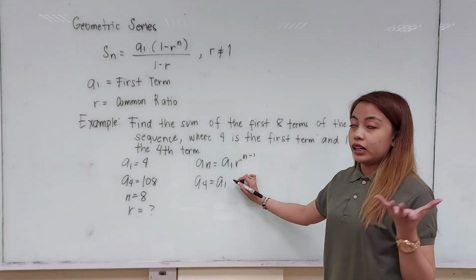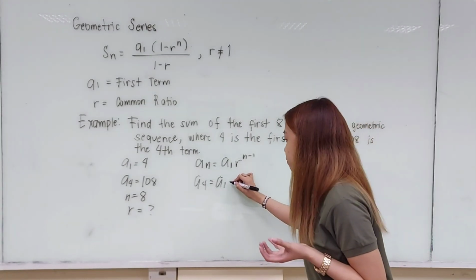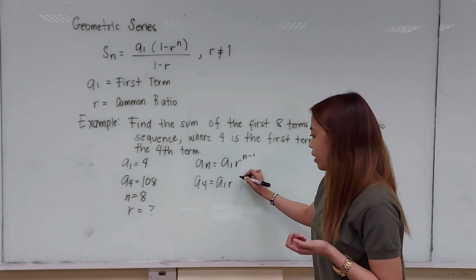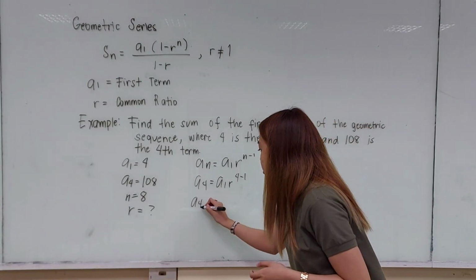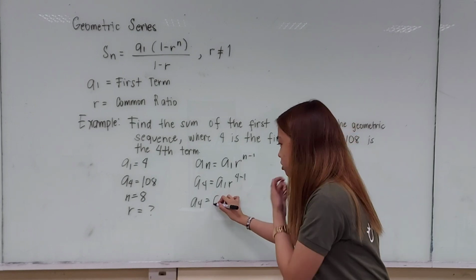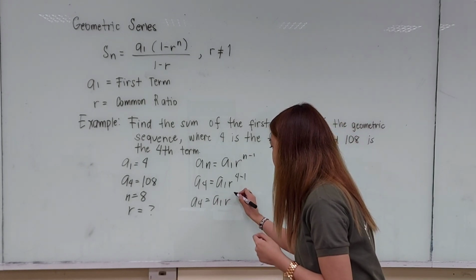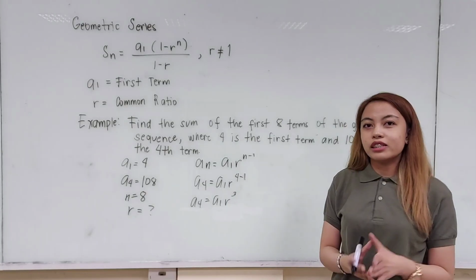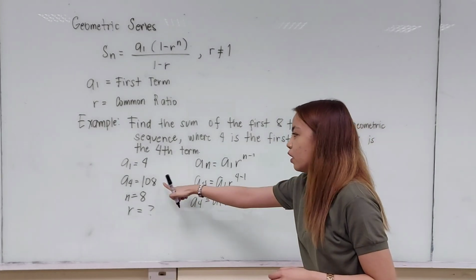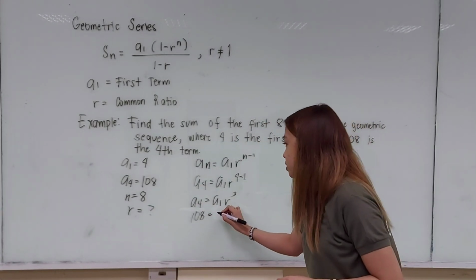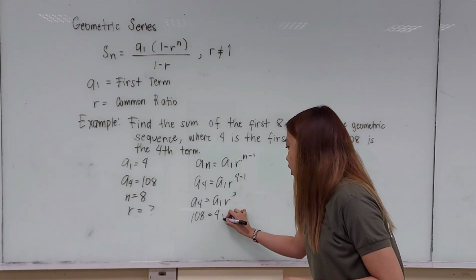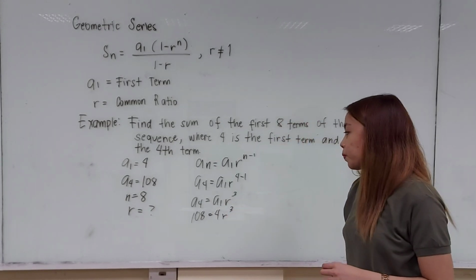We don't have any common ratio, so we will leave it as r, raised to n, which is 4 minus 1. So a sub 4 is equal to a sub 1 r cubed. Now we will substitute the given information. So our fourth term is 108. Our first term is 4 r cubed.